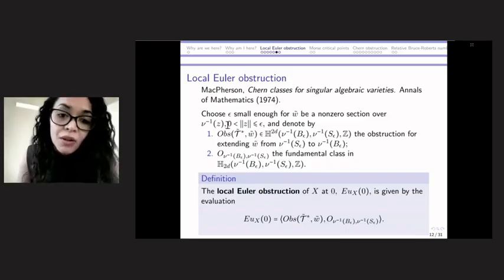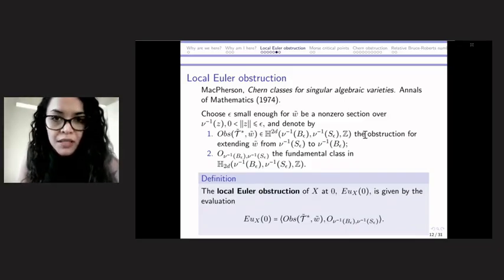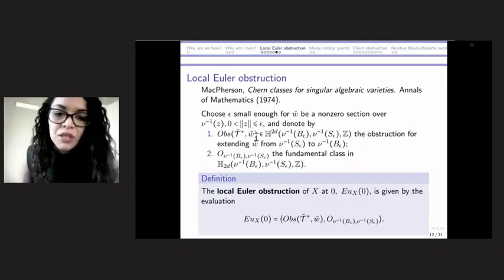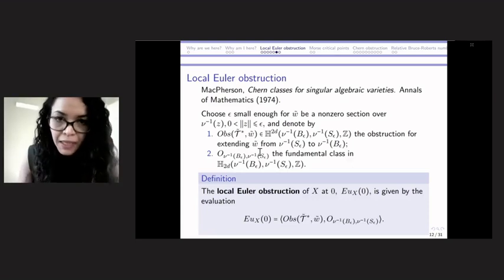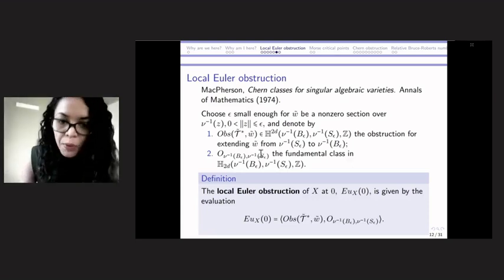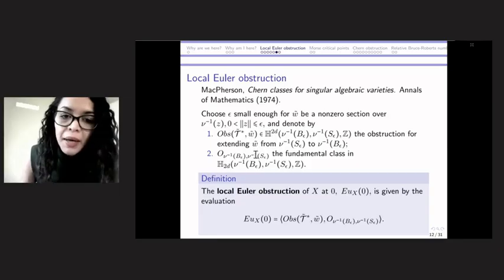So this is a cocycle, so an element, a class in this cohomological group, right? So associated to this element, we have the fundamental class, so the corresponding class in the homological group, and we can evaluate one class on the other, right?